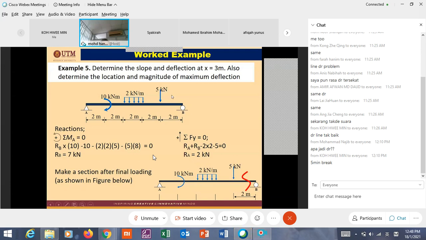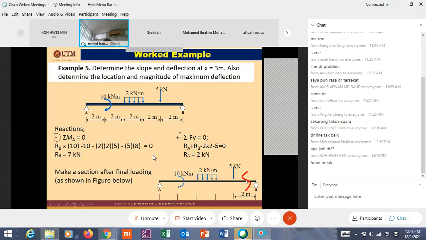So your derivation should be based on a point in between this segment. Understand it? A point past the last loading before the end point. Not the support, end point.